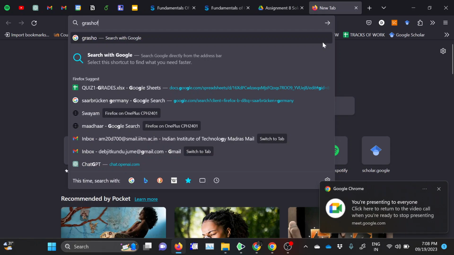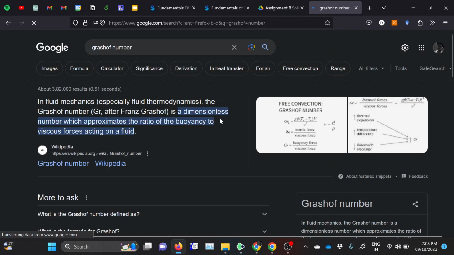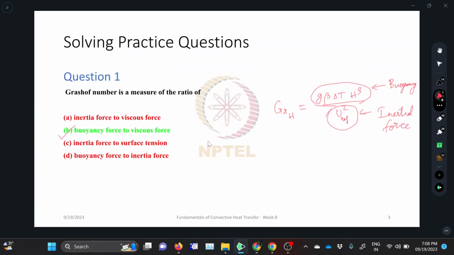Maybe I'm making some mistake here. Sorry, it's not u, rather it's mu squared. So this is what represents the viscous force, and the numerator represents buoyancy forces.